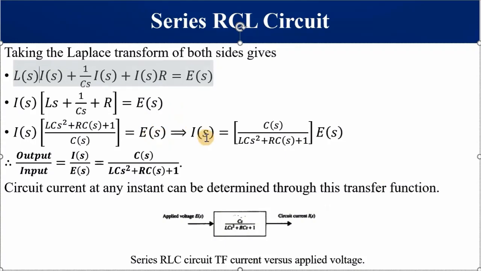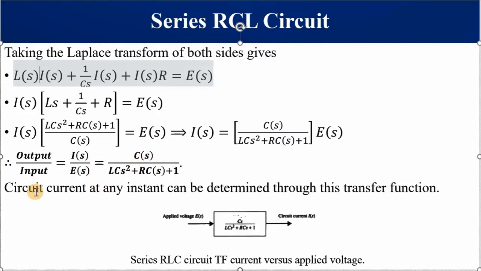This implies that the Laplace transform of current is equal to this divided by this, multiplied by the supply voltage. We now want to find the transfer function. This is our output current, this is our applied voltage, and this is going to be our transfer function.